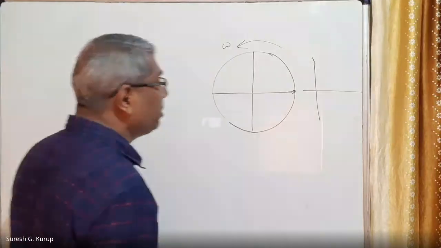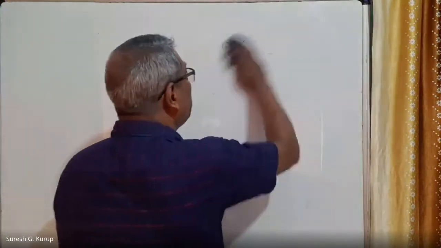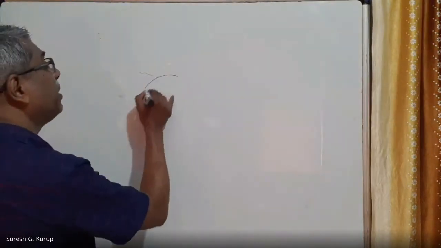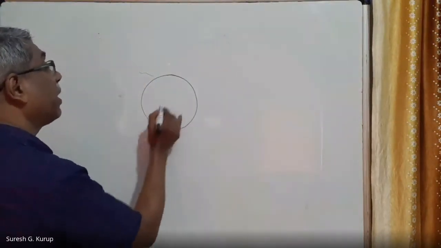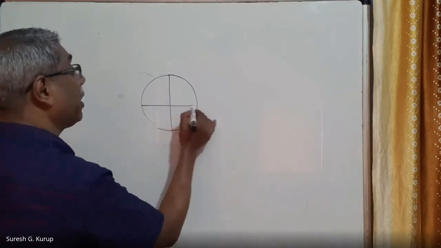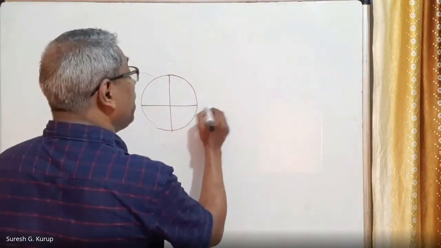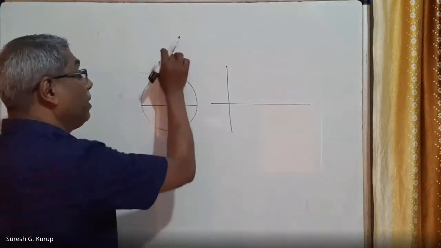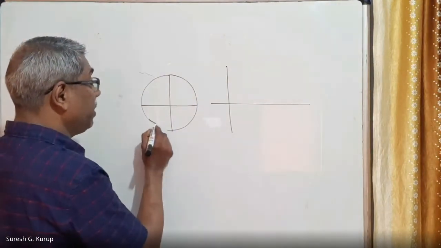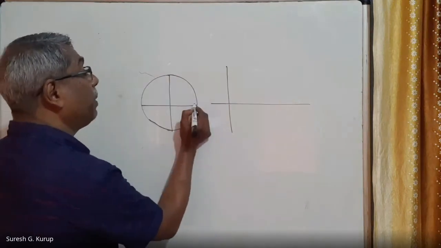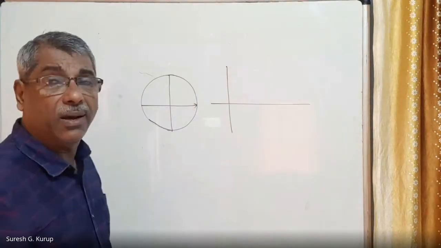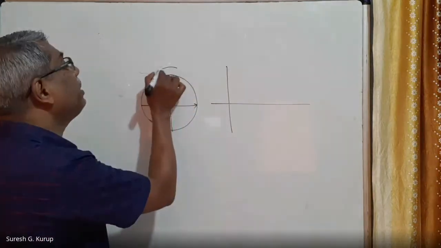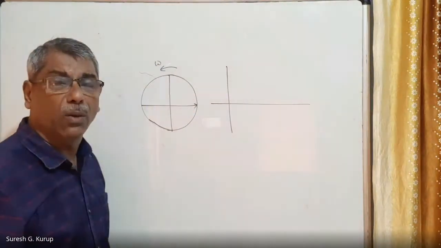So let me draw the diagram broadly at another position, a small circle I'm making like this. This is the vertical diameter of the circular path in which the phasor is rotating with a constant angular velocity omega, right?